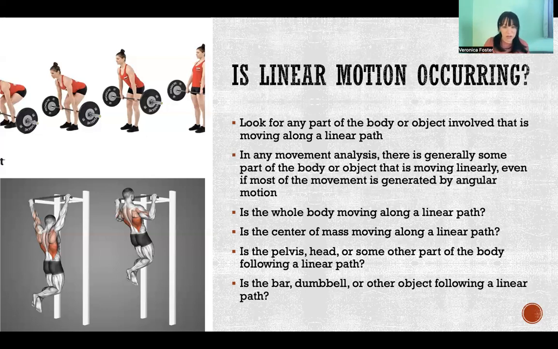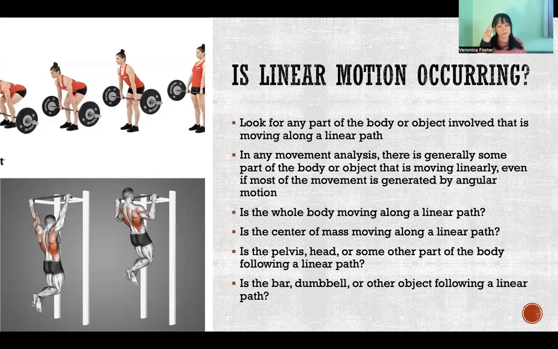Is the head moving in a linear path? Is an object like a barbell or a dumbbell or something else? What is moving linearly? In just about any analysis, you can come up with something that is following a linear path, even if that linear motion is occurring because of the angular motions of the combinations of joints that are causing it to happen.